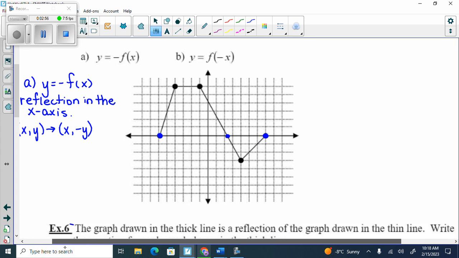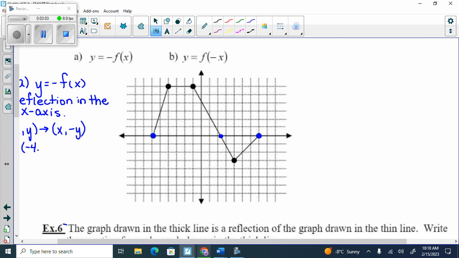Then we have 1, 2, 3, 4, negative 4, and 1, 2, 3, 4, 5, 6. So negative 4, 6 is going to become negative 4, negative 6. And then I connect them. And I have negative 1, 6.